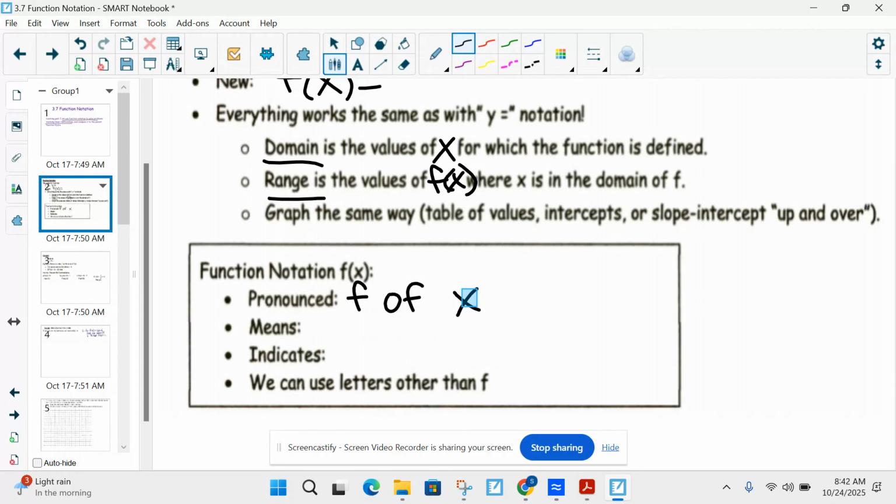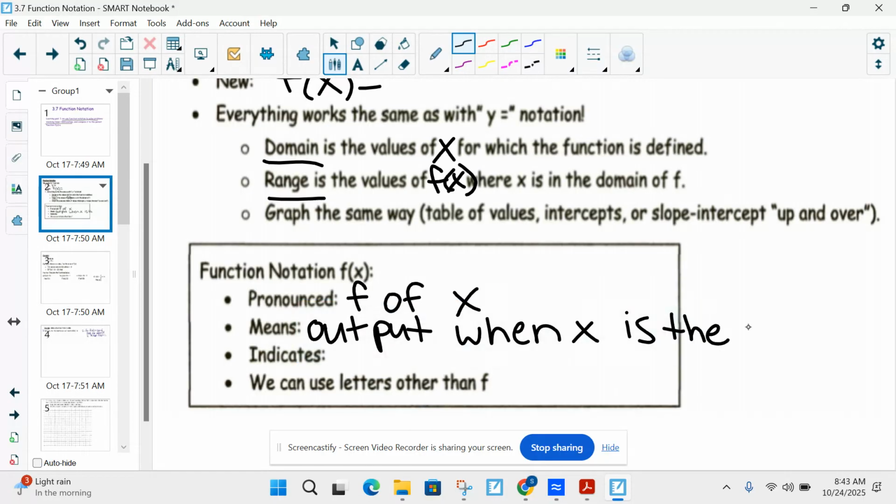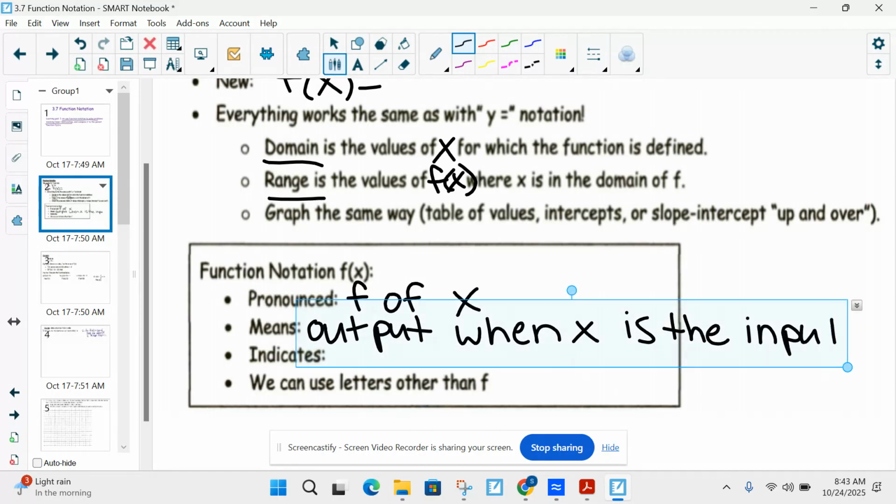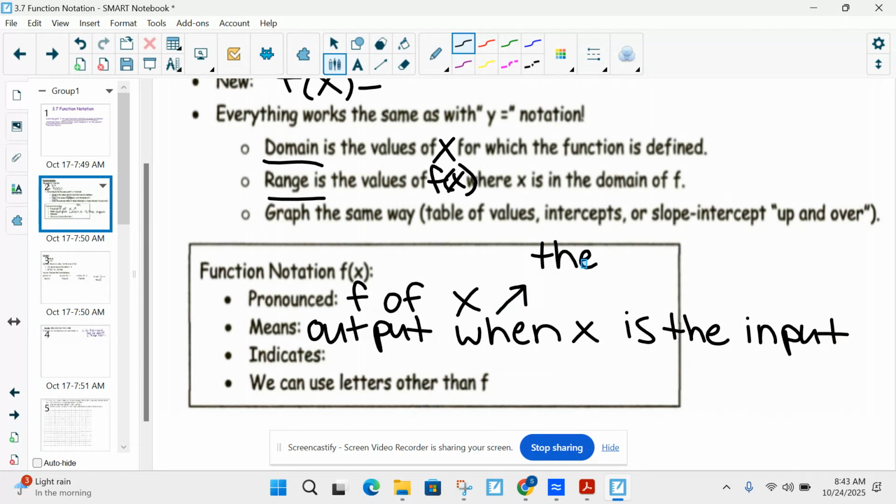It means the output of the function, it means the output when x is the input. Also, it means the value of f at x. So the value of the y at a certain x value.